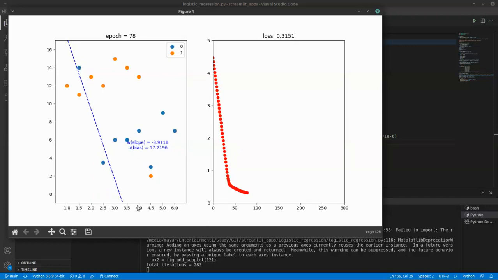If I take the learning rate higher, this would be faster, but there is a much higher chance that this will oscillate, correct? So choosing a good learning rate is also important. It is trying different values of W and B and slowly converging. If I get a line something like this, then it can classify my orange points and blue points perfectly, right?